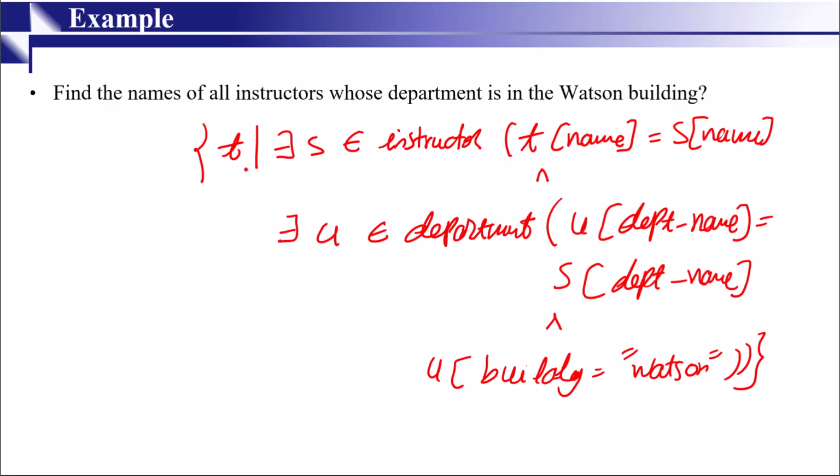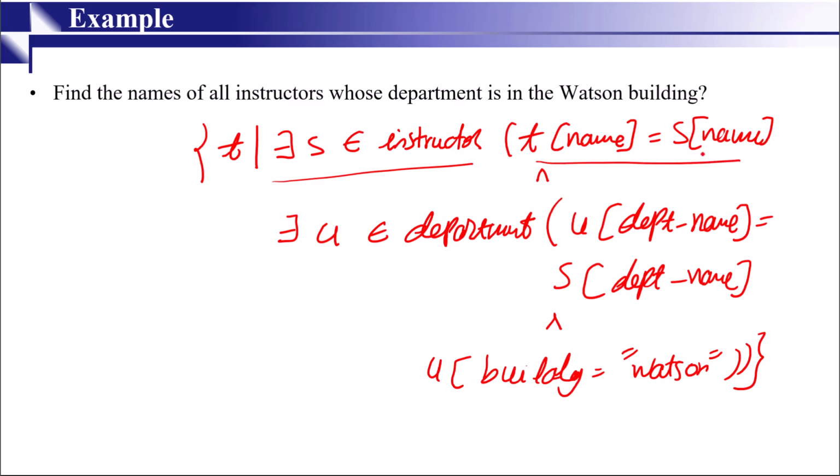So again, this T is the result of tuples, and T represents an output tuple containing the name of qualifying instructors. Then here we say there exists S in instructor. It means the query searches for an instructor S who meets these criteria.